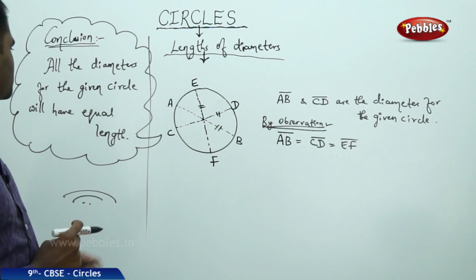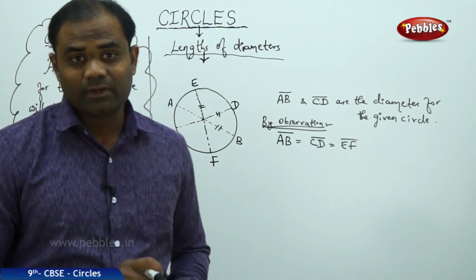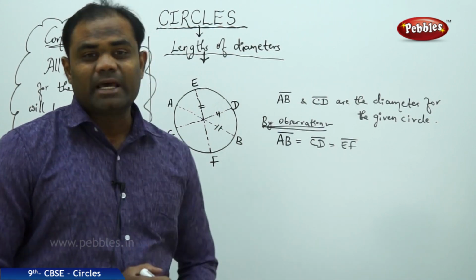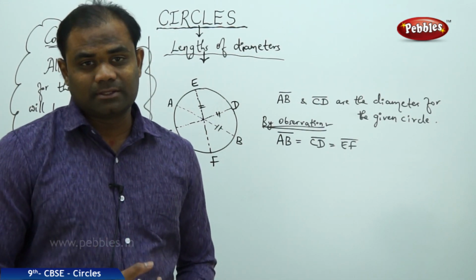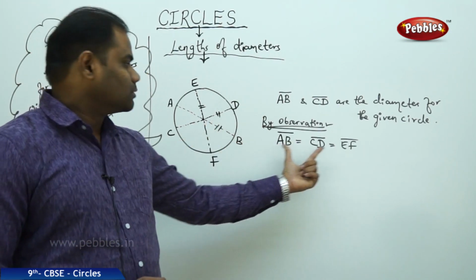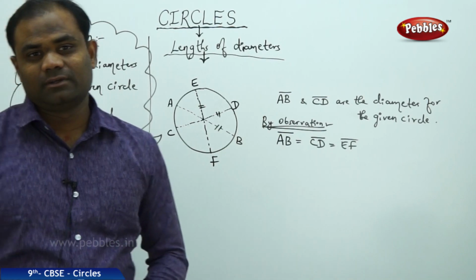So all the diameters for the given circle will have equal length. That's how we conclude for the diameters connected with the lengths. Length of AB equal to length of CD equal to length of EF.